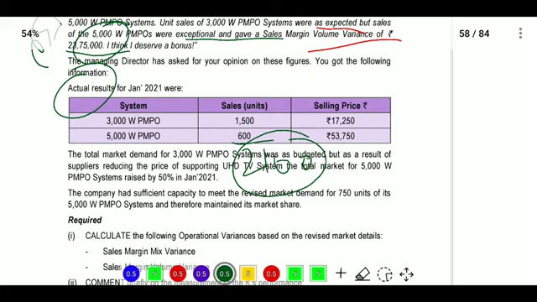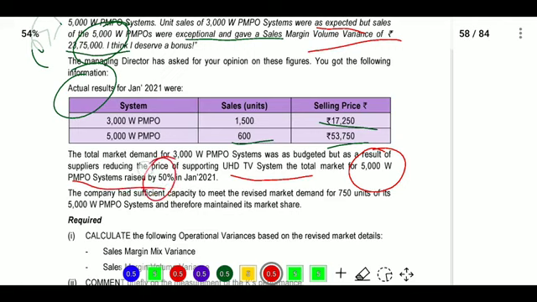Next, for this budgeted quantity we will get 17,250 and 53,750. Next, total market demand of 3000 PMPO system was budgeted, but as a result of the supplier reducing the price of supporting HD TV system, the total market for 5000 PMPO system was raised by 50%.